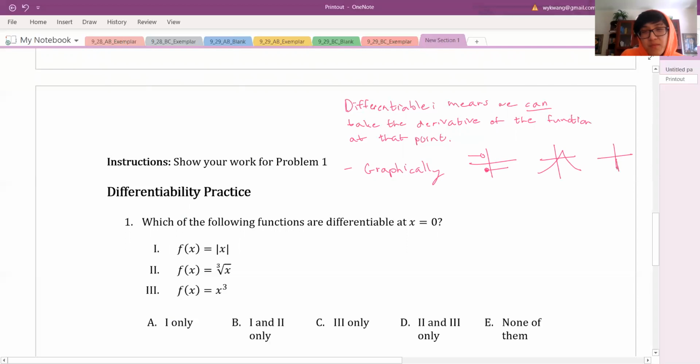And what else is there? Vertical lines, so vertical slopes. Like this, right over here, there's a vertical tangent line, that is not differentiable. And then also we can do it through derivatives, which is, I would say, the more mathematical way of doing it: just calculate the derivative.